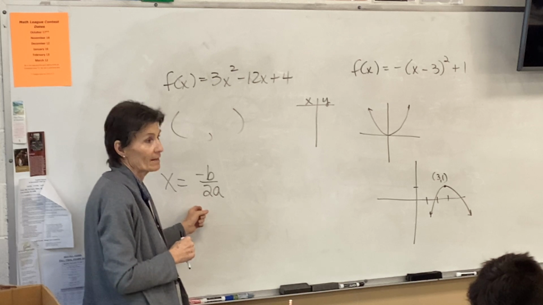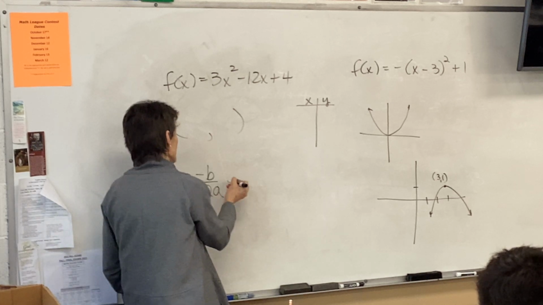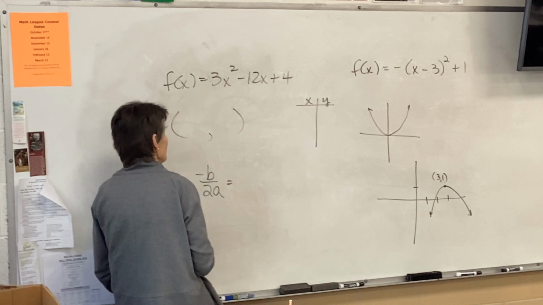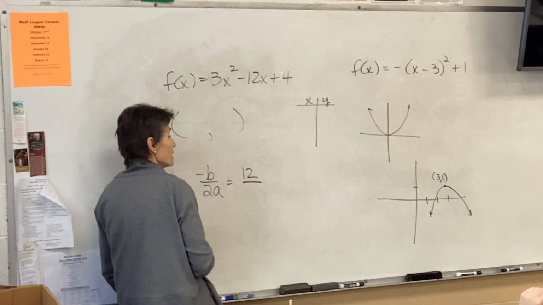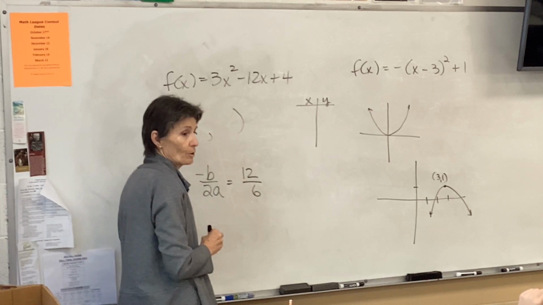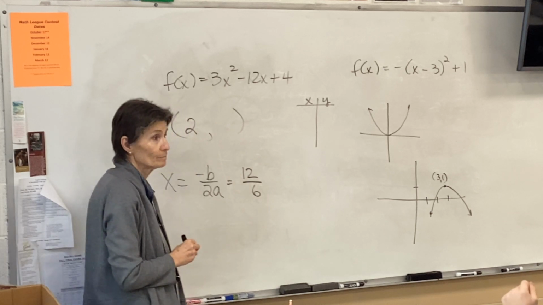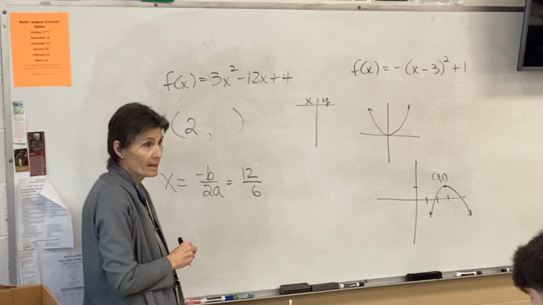To find the vertex, negative b over 2a. So what do we have in this problem? Negative b would be 12, and 2a would be 6. So it looks like my x coordinate is 2. And then how do I find my y?